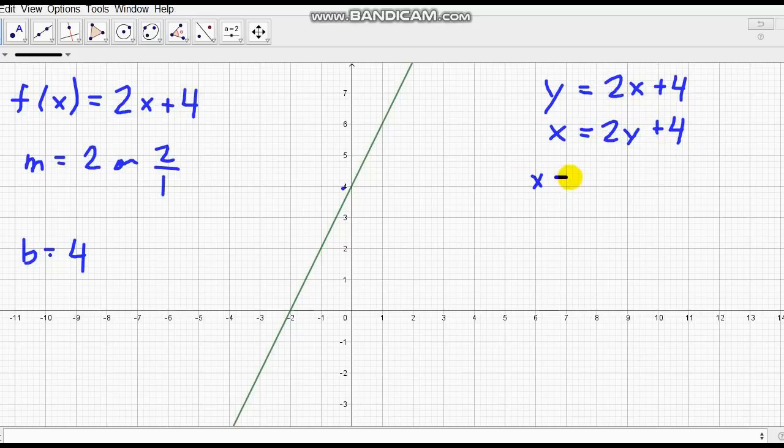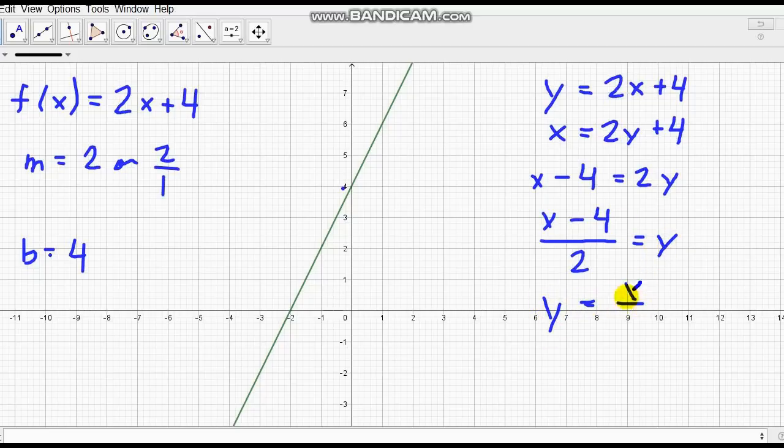This becomes x minus 4 is equal to 2y. Then let's divide both sides by 2. So this is (x minus 4) all over 2 is equal to y, or y is equal to (x minus 4) all over 2.